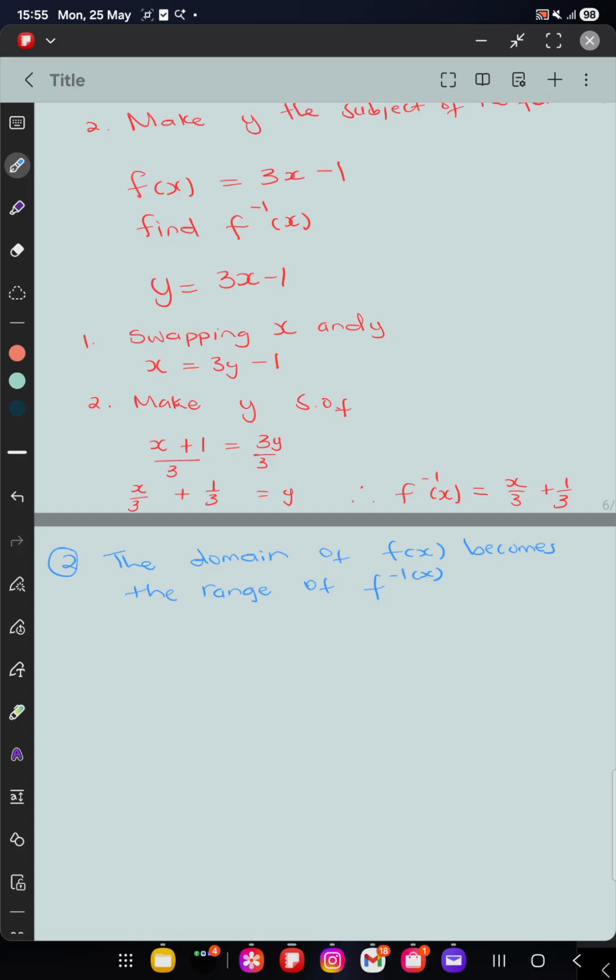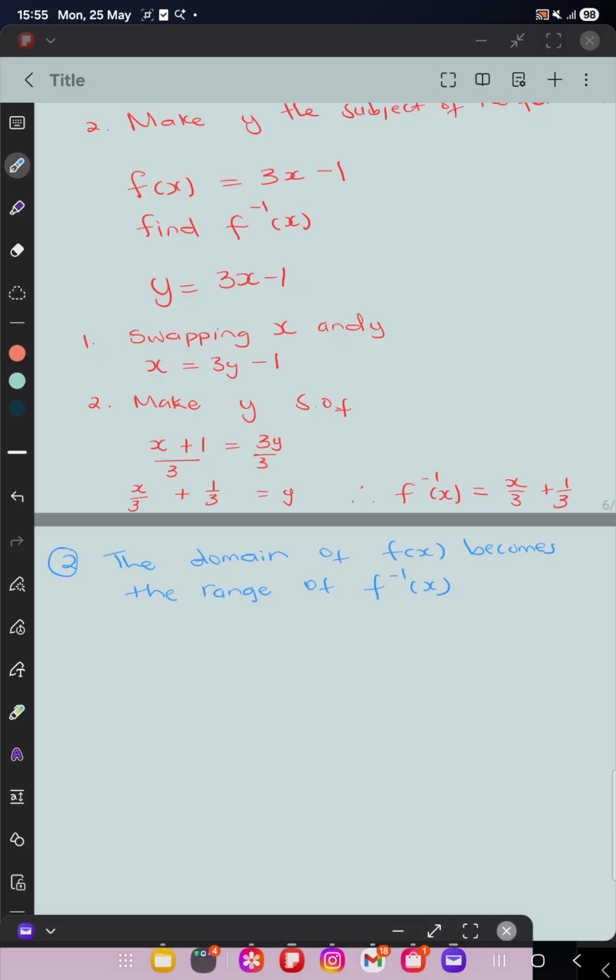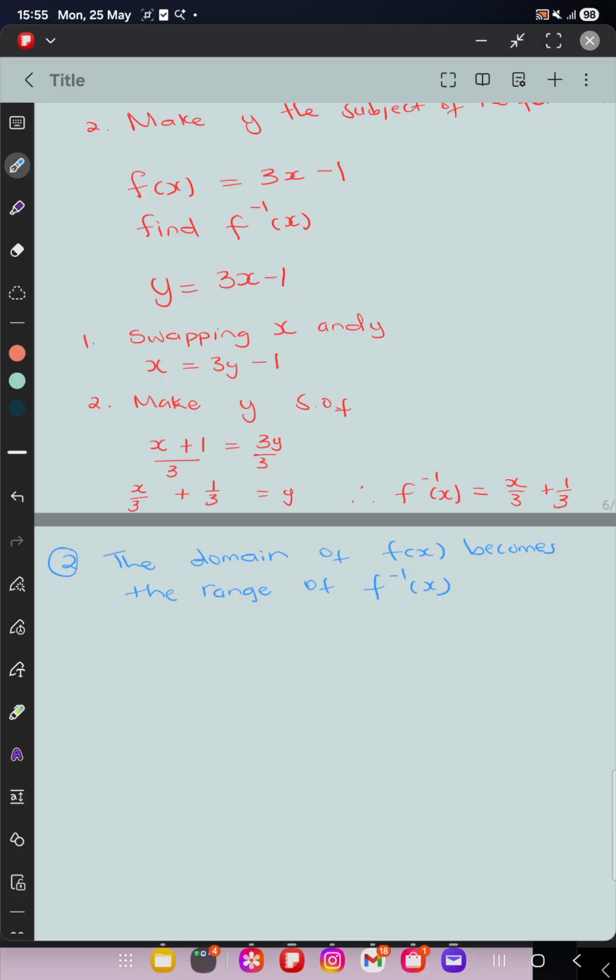Meaning, the domain of f of x becomes the range of f inverse of x. Same thing. That's because x and y are swapping. So that's because x becomes y in a way.